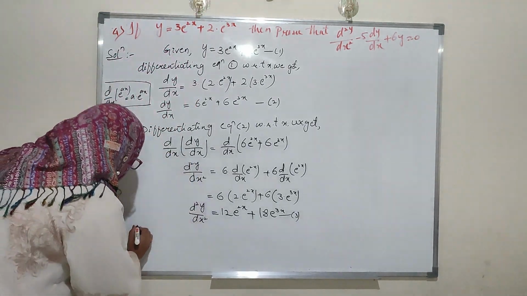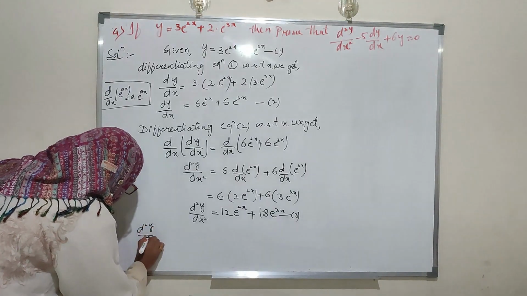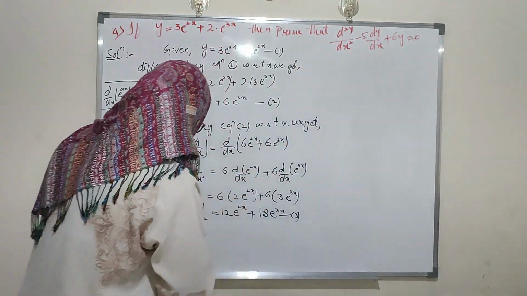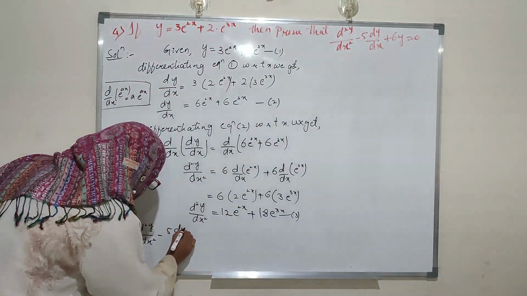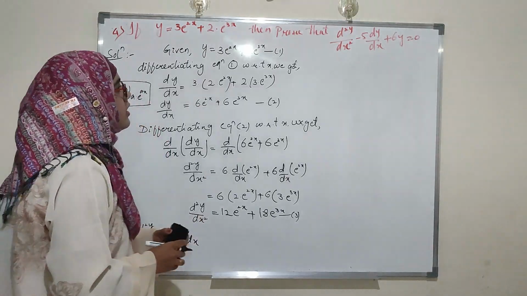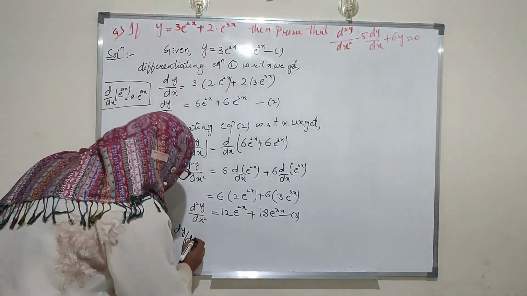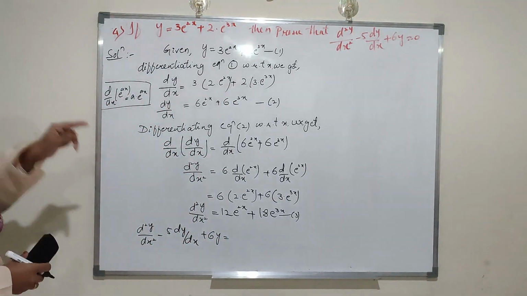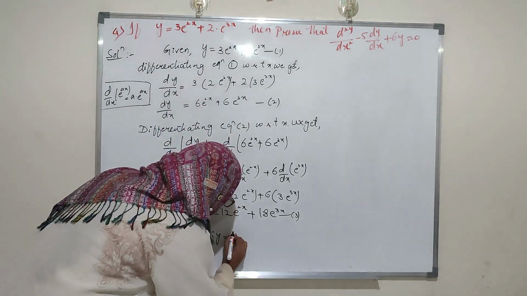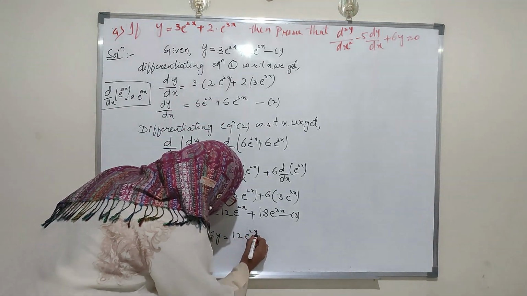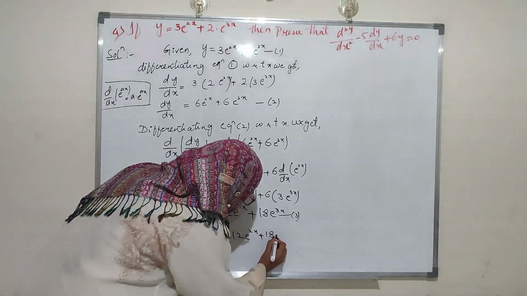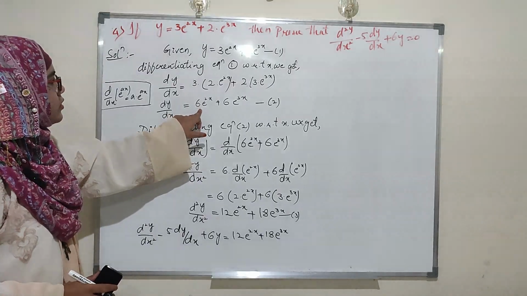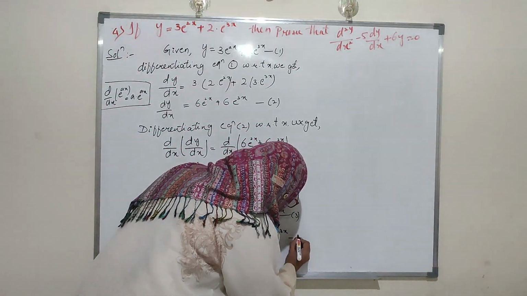I am writing d²y/dx² minus 5 dy/dx plus 6y, which is what we have to prove. It is equal to, now write, the d²y/dx² value, which is 12e^(2x) plus 18e^(3x), minus 5 into the dy/dx value.